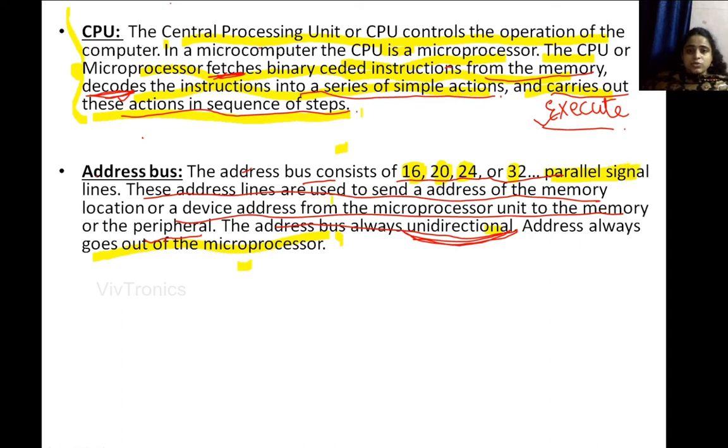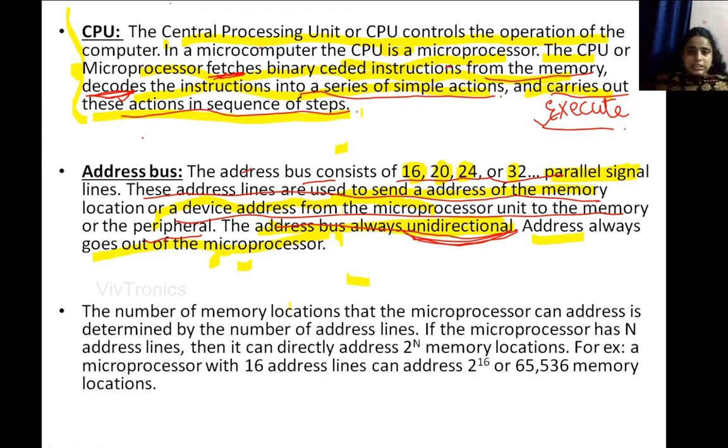These are used to send the address of the memory location or a device from the microprocessor unit. That means the address always goes out of the microprocessor. We won't get any address in the incoming direction to the microprocessor. The address bus is always a unidirectional bus. This is a very important point about the address bus. Address always goes out of the microprocessor.